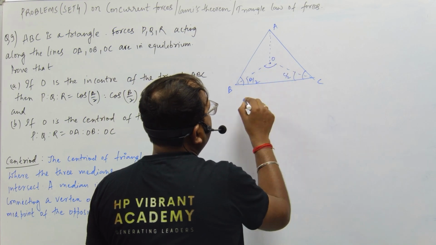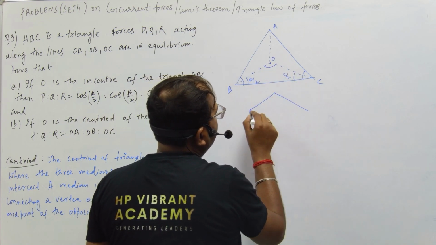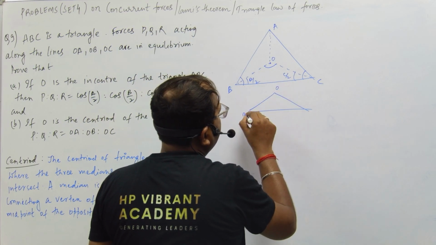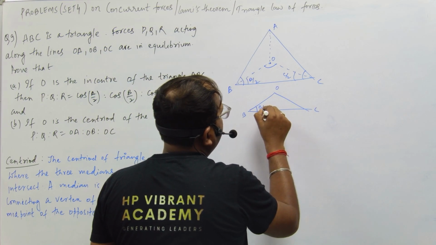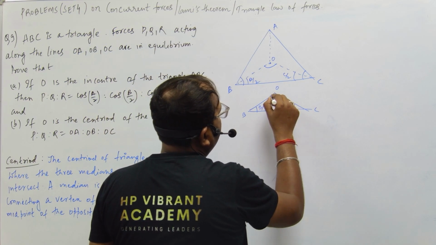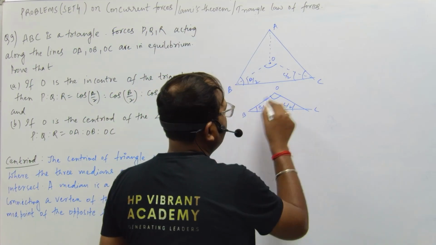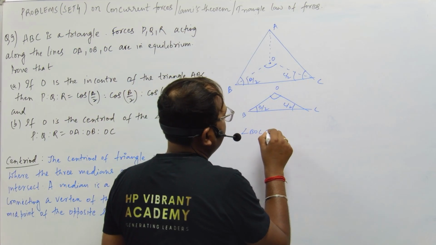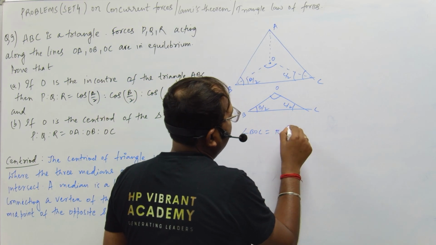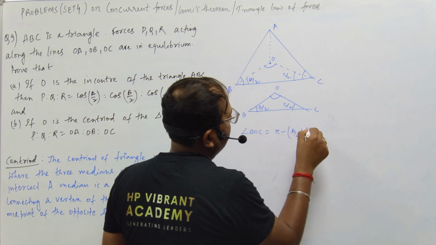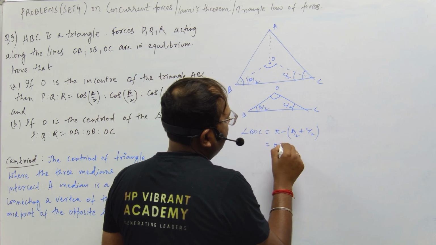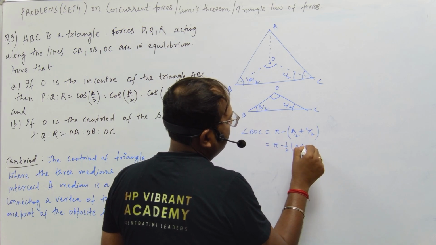What is this angle? We have the triangle with vertices O, B and C. This angle is B/2 and this angle is C/2. So what is angle BOC? Angle BOC is equal to pi minus (B/2 + C/2), which is pi minus half of (B + C).